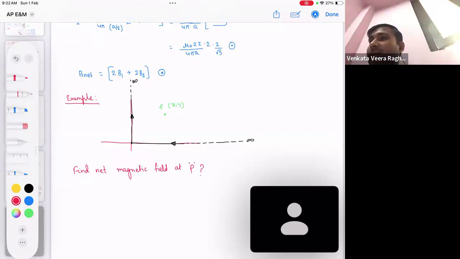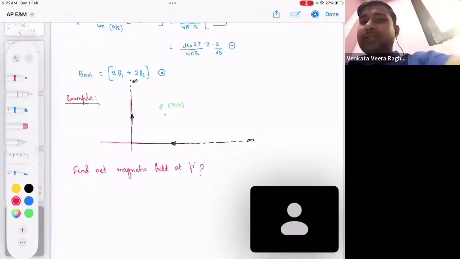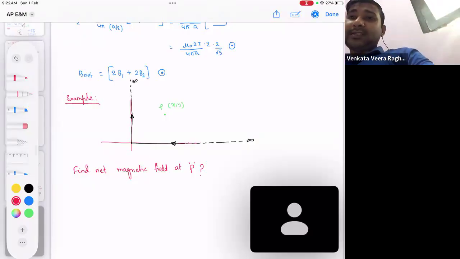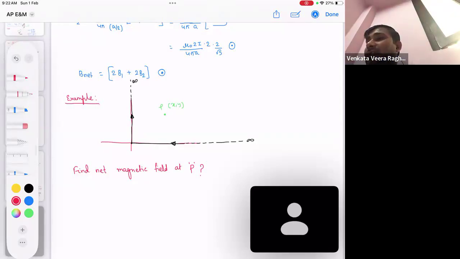You need two things to calculate the magnetic field at any point. What is the perpendicular distance of the point from the wire? And what are the alpha and beta angles? These are the two things you need if you want to calculate the magnetic field at any point. Okay. So please tell me how much this is coming.